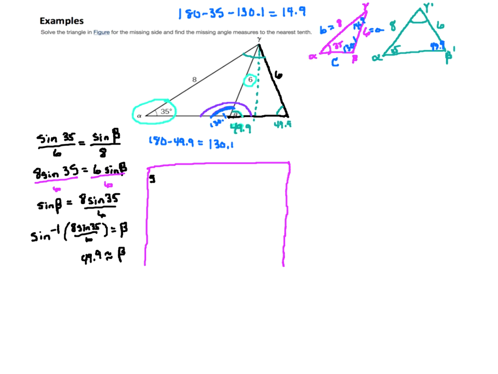I have the sine of 35 degrees divided by 6 has to equal the sine of 14.9 divided by side C.